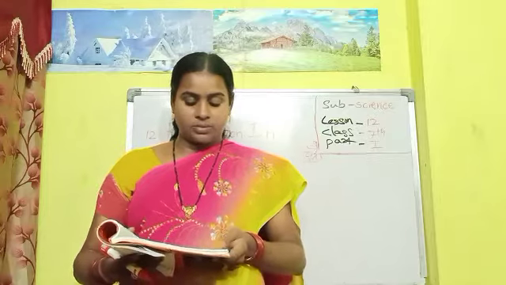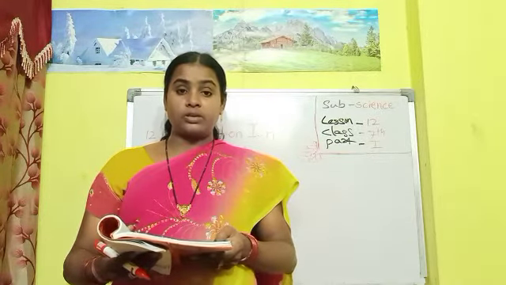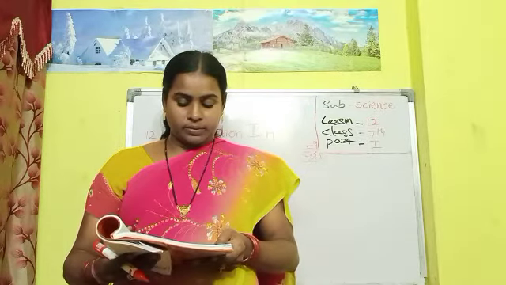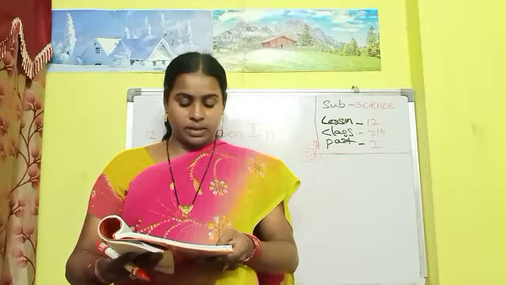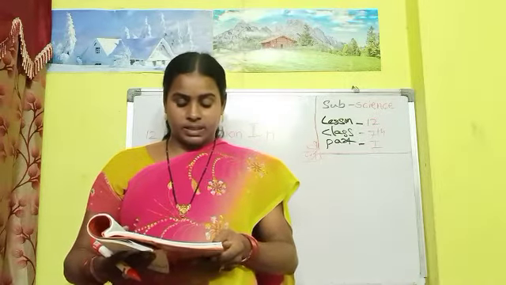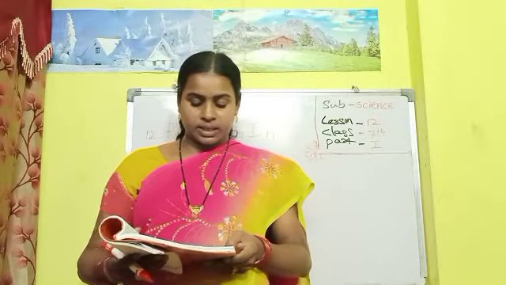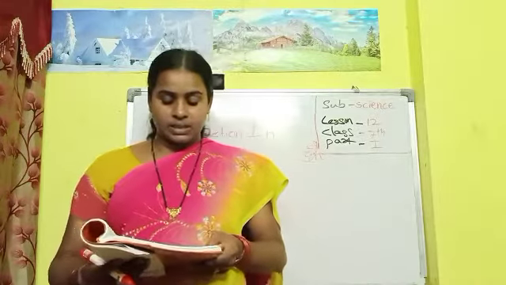Collect the flowers of, say, Dhatura, China rose. China rose means hibiscus, Mandaram you say. Cucumber, bottle gourd, Tridax, sunflower, and so on. Observe these flowers. Are they of the same size and shape? You have to collect all these flowers.